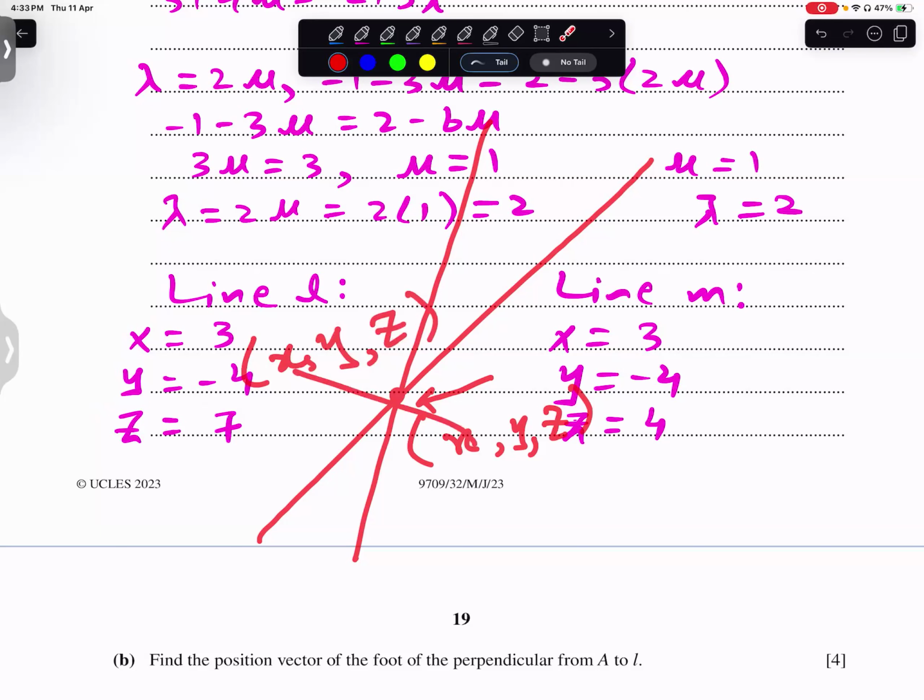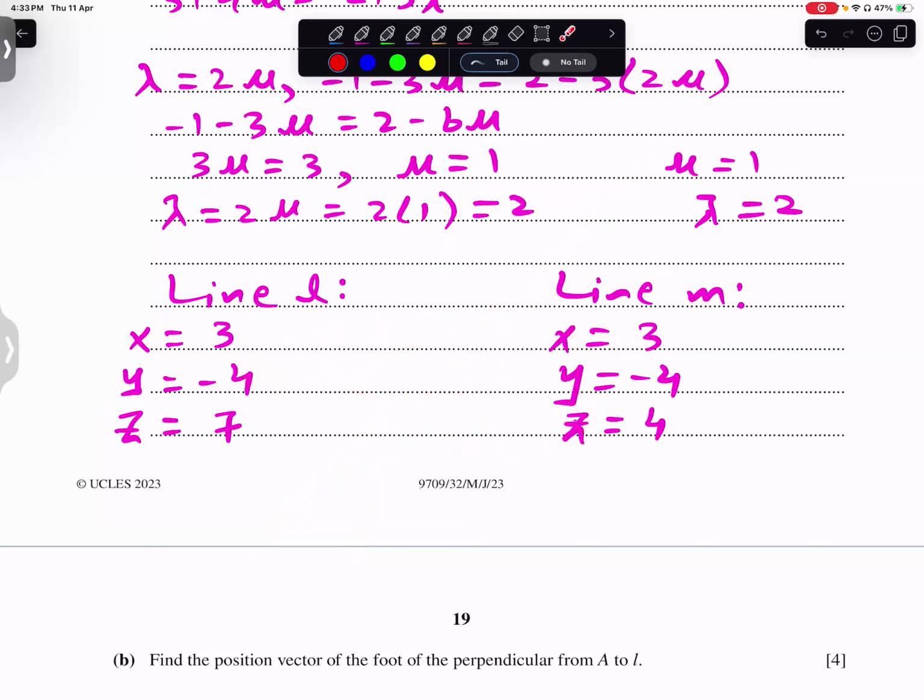Means X is equal to X, Y is equal to Y, Z is equal to Z in case when they intersect. So if they are different, it means that the lines do not intersect. So conclusion, lines do not intersect. You got my point?